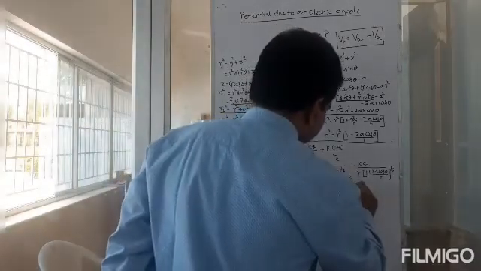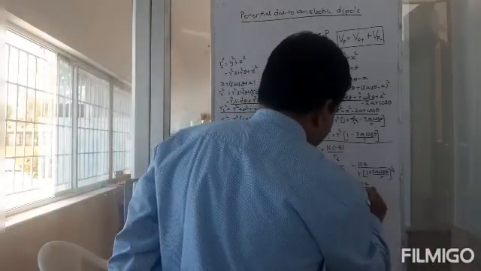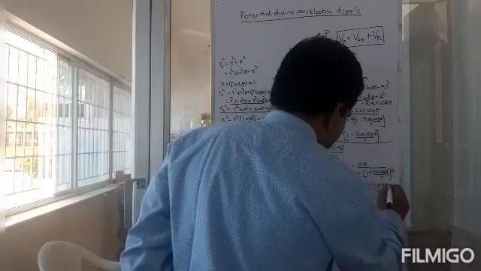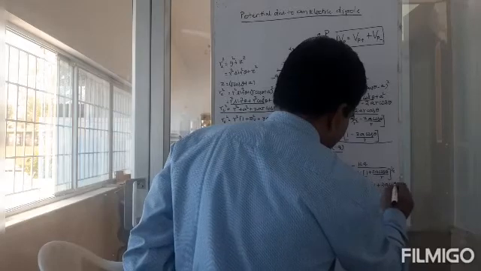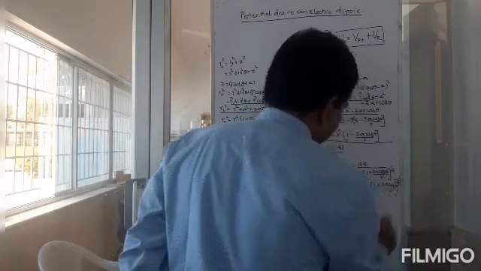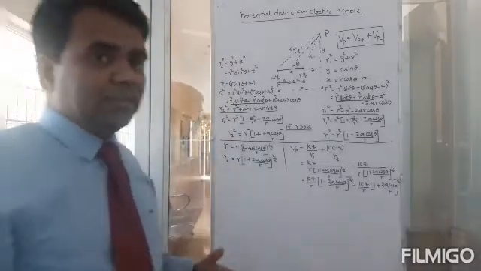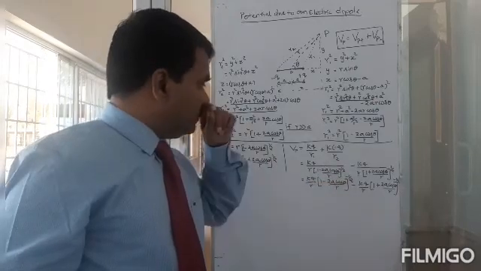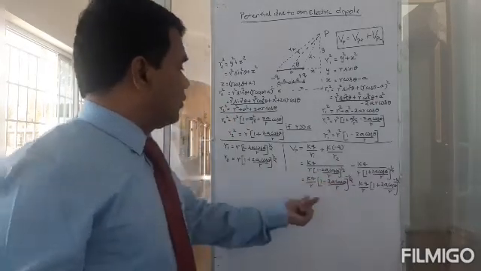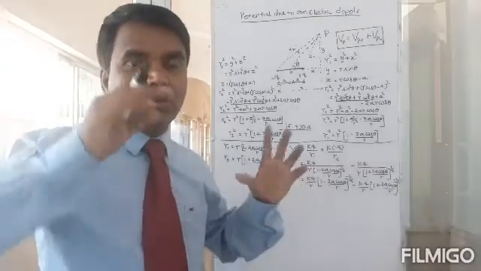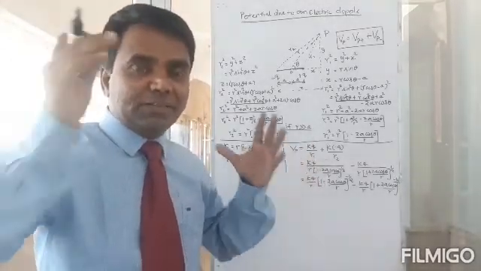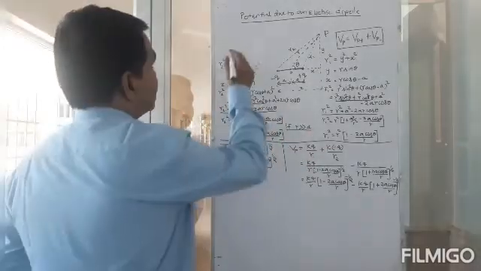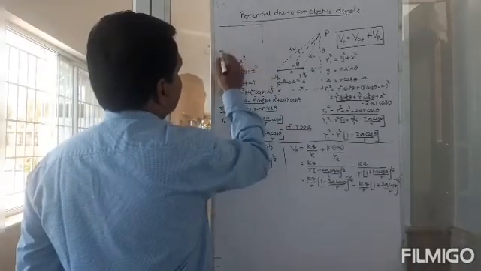So this becomes minus KQ by r into 1 plus 2a cos theta by r, power minus half. Okay, you remember in class we talked about 1 plus x, the whole power n, can be written as 1 plus nx. You remember this formula I talked about, when x is very small compared to 1.